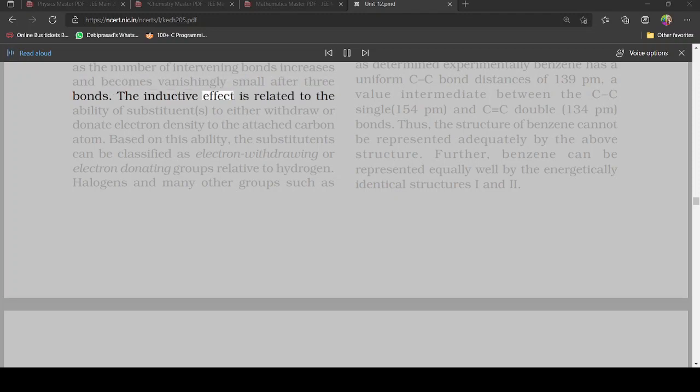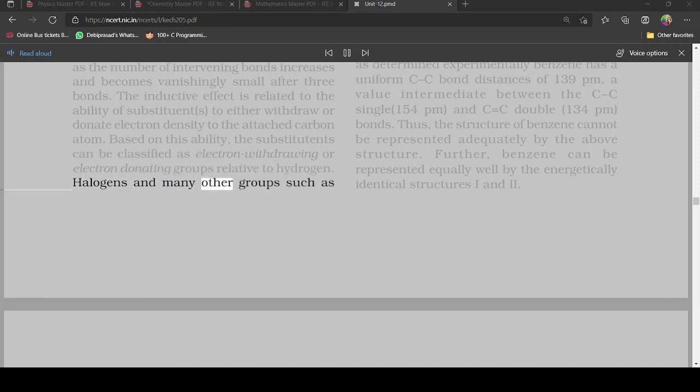The inductive effect is related to the ability of substituents to either withdraw or donate electron density to the attached carbon atom. Based on this ability, the substituents can be classified as electron withdrawing or electron donating groups relative to hydrogen.